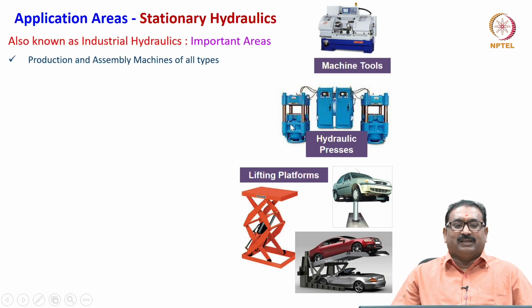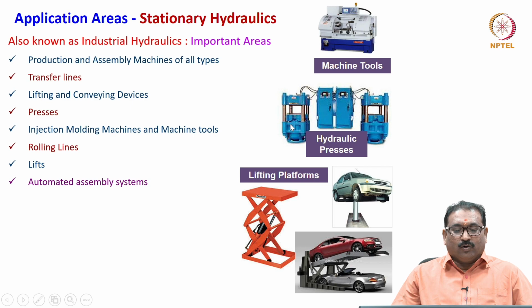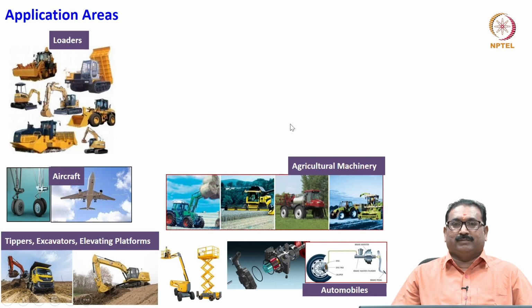Some of the important areas are production and assembly machines of all types, transfer lines, lifting and conveying devices, presses, injection molding machines and machine tools, rolling lines, lifts, automated assembly systems, pulp and paper industries, R&D test facilities, car washers, component test stands, packaging systems, many more.